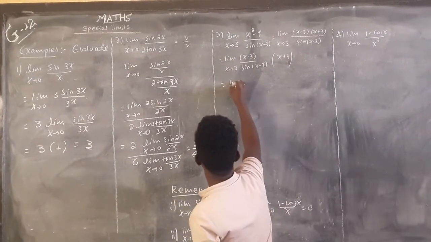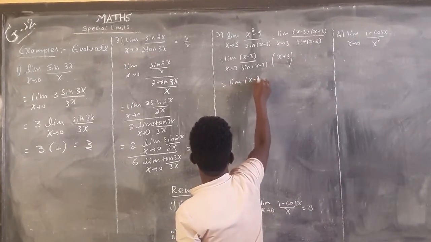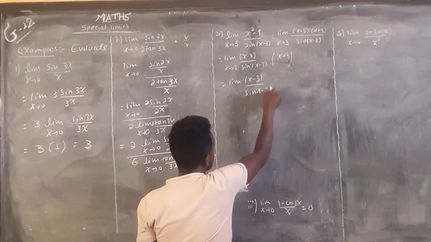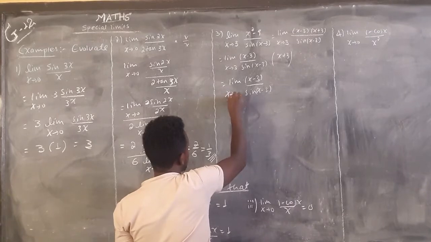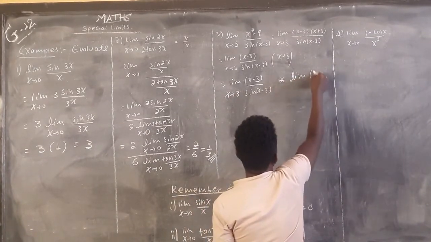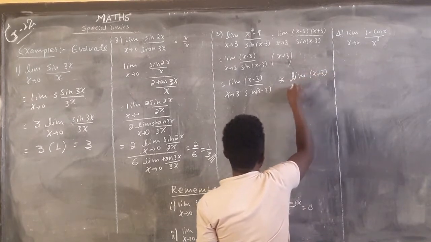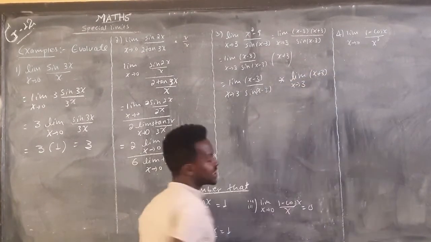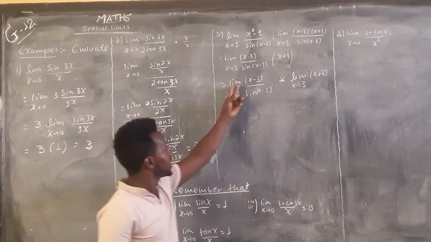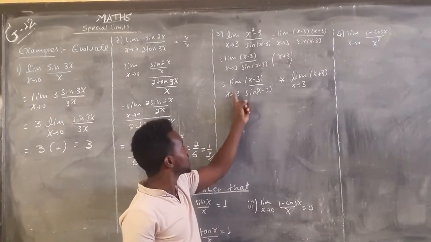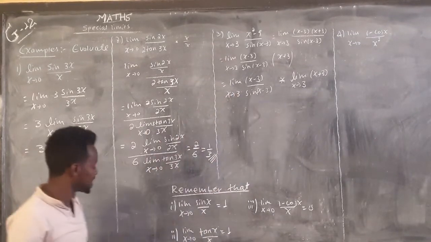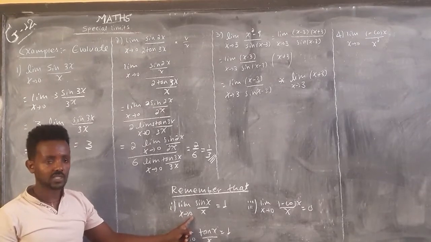We can write this as limit of x minus 3 over sine of x minus 3 as x approaches 3 times limit of x plus 3 as x approaches 3. The special limit that we have proven is as x approaches 0.